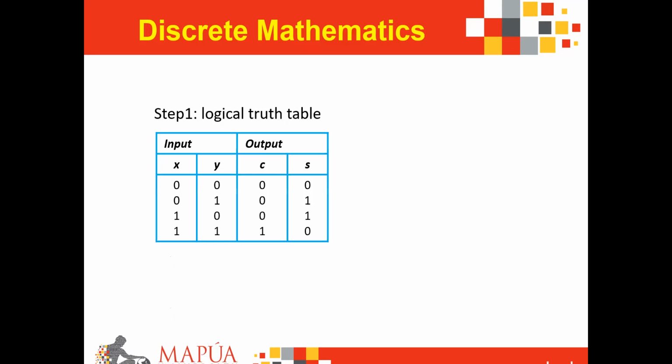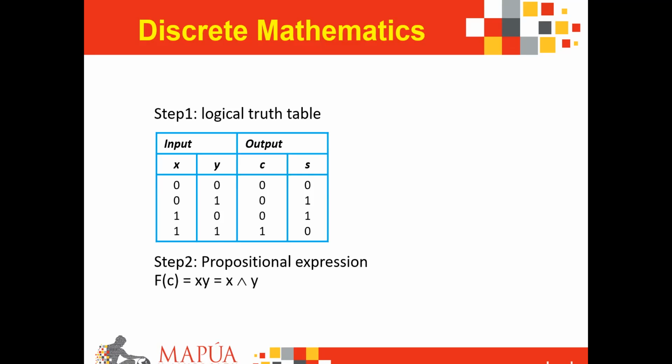So when we create the logical truth table, you would end up with the following input values for X and Y, and the output seen as carry and sum. The next step involves obtaining the propositional expression on outcomes bearing 1 on each of your given outputs, which is a propositional expression for your carry and a propositional expression for your sum.